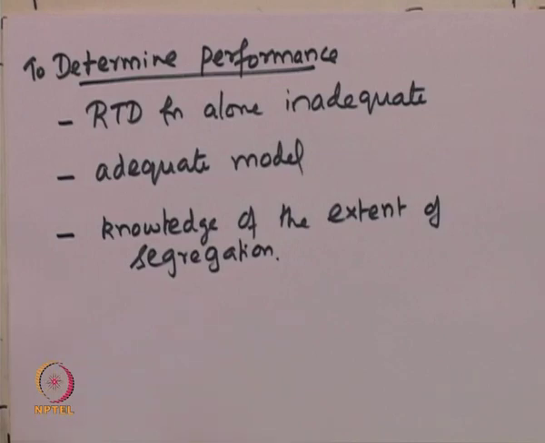That knowledge has to be available in order to estimate the overall performance. So, simply knowing the RTD function is insufficient. There is a clear need for an adequate model in addition to the RTD function, and more importantly, the degree or extent of mixing of fluid elements inside the reactor needs to be known, and that is what we will see for the next few lectures.